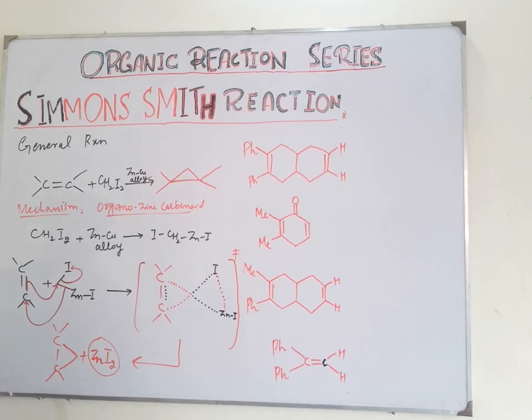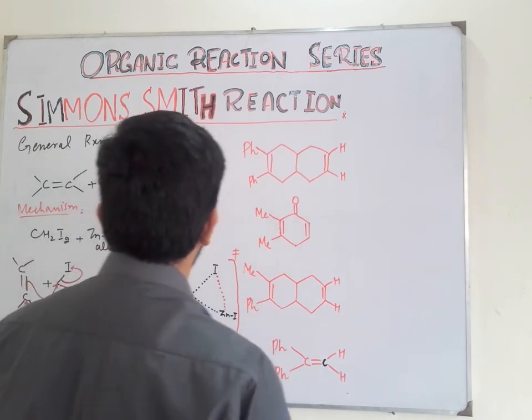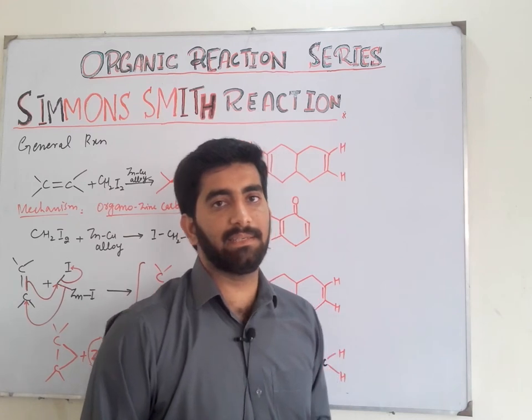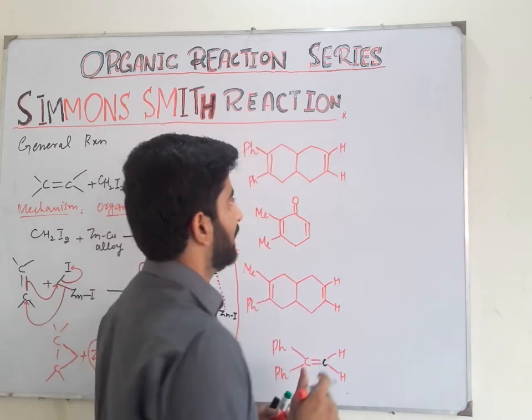Now we will discuss some examples of Simmons Smith reaction, and the important point is that the attack always occurs at the less hindered side, where a smaller number of bulky groups are present.